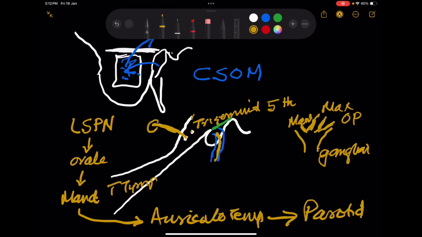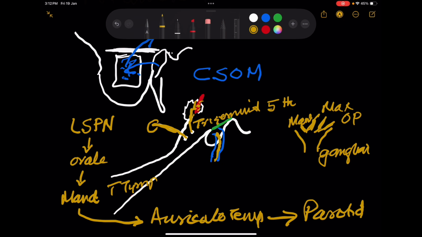The greater superficial petrosal nerve goes into the foramen lacerum. Entering through the foramen lacerum is the internal carotid artery. Around it is the sympathetic plexus.